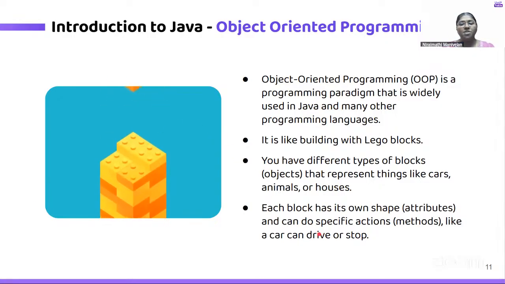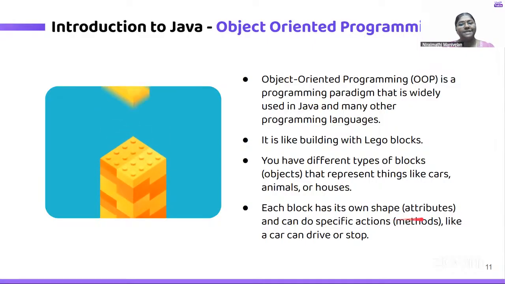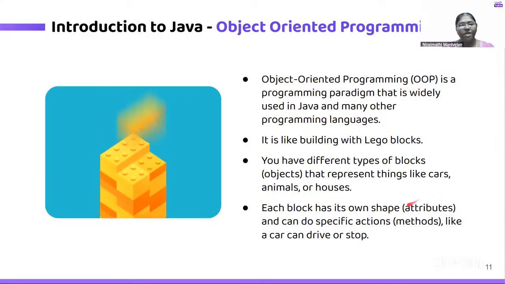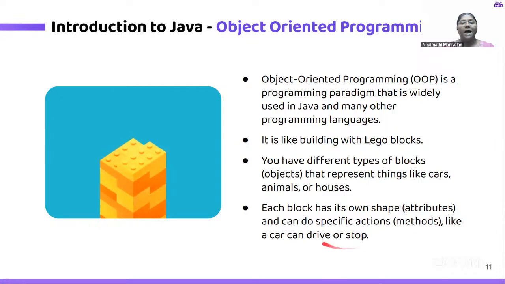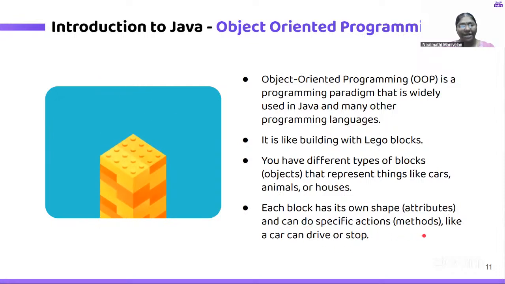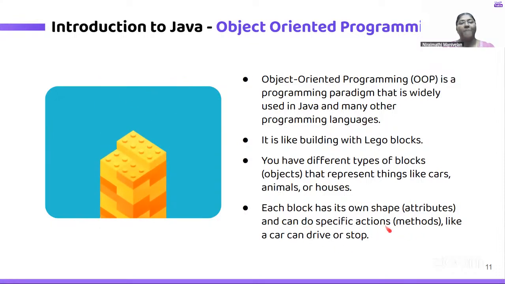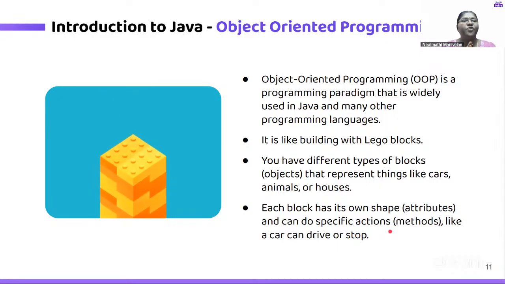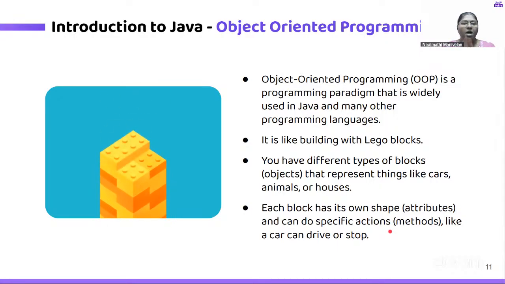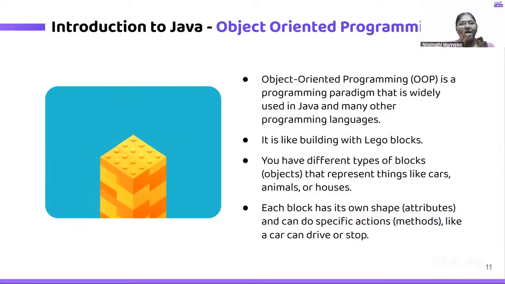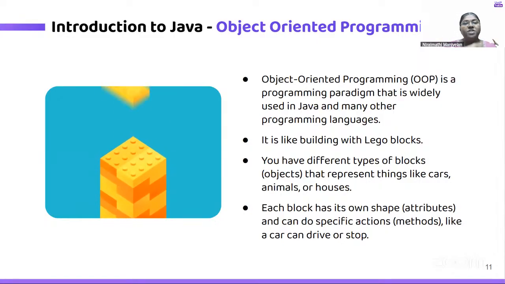All these objects or blocks have their own shape, which we call attributes, and they can perform specific actions, which are called methods. For example, if you consider a car company, a model car will be designed, and based on that car you can create n number of cars. 1,000 cars also you can create, but every car will have its unique feature.